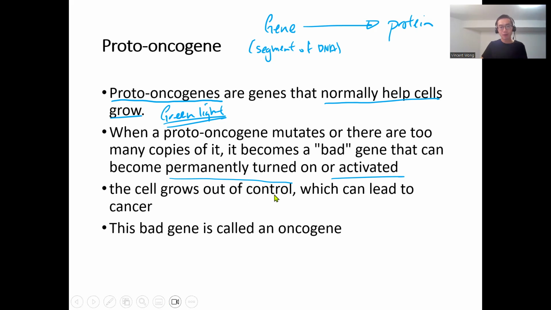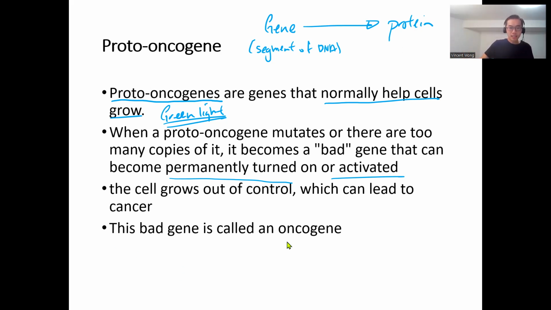So the cell grows out of control, which can lead to cancer. It doesn't have to be cancer. If a cell just keeps on dividing, then you get a tumor, right? A tumor is a collection of cells, and that tumor could be benign, which is the best case scenario, or it could be malignant. In that case, it's cancerous.